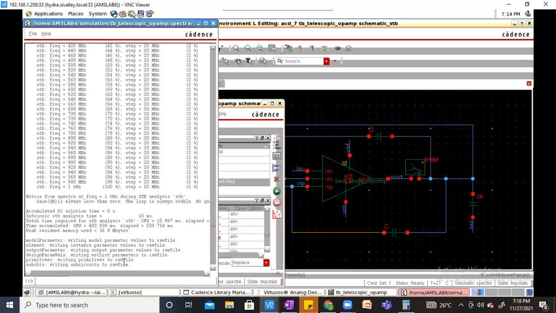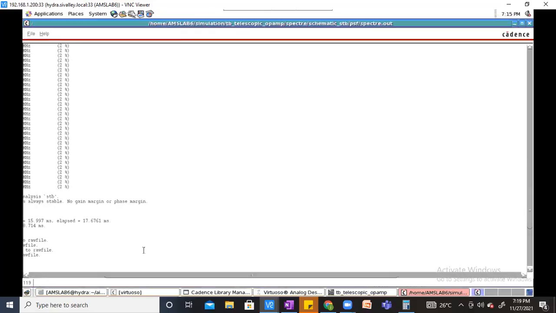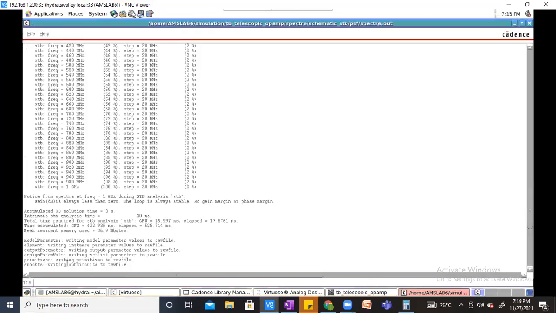There is something wrong here. It's not able to compute the simulation now. That's the problem.